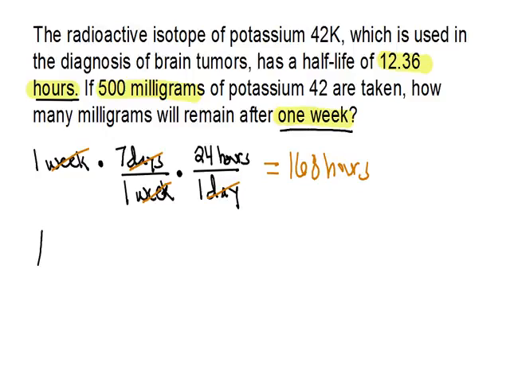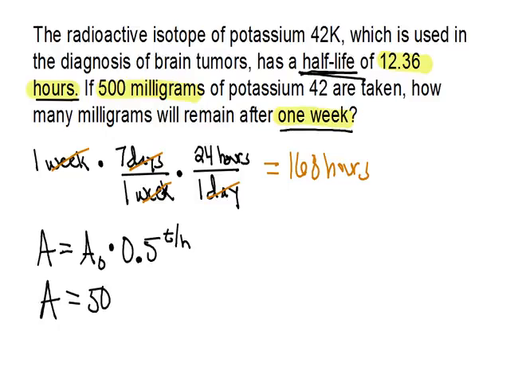The equation we're going to use for this one is A equals A naught times 0.5 to the t divided by h, where h is the time it takes to halve. That's our half-life. So we will do A equals 500 milligrams times 0.5 to the 168 over 12.36 power.